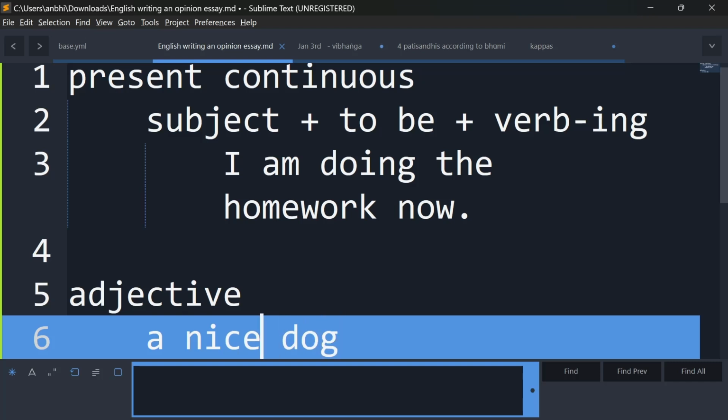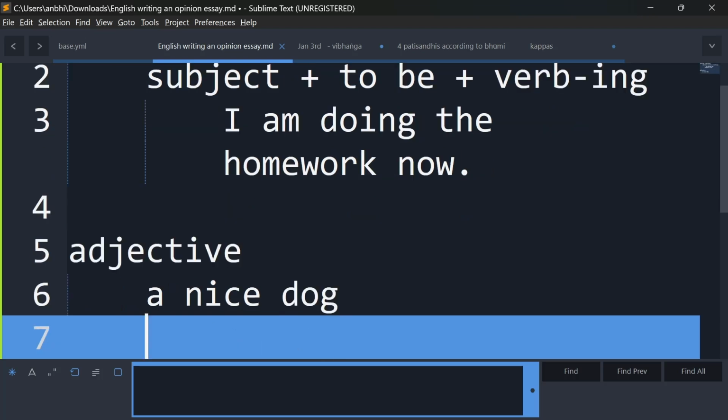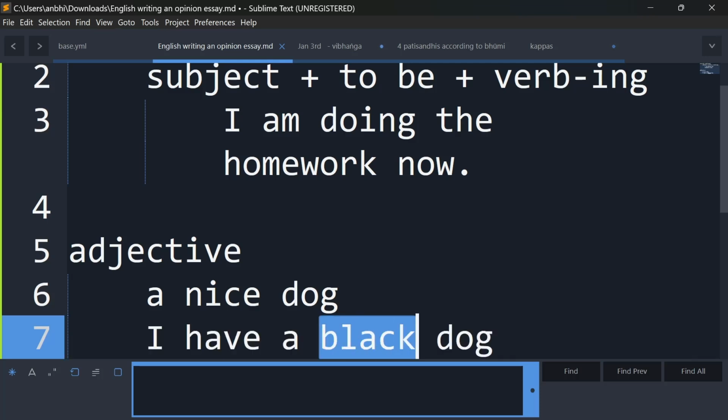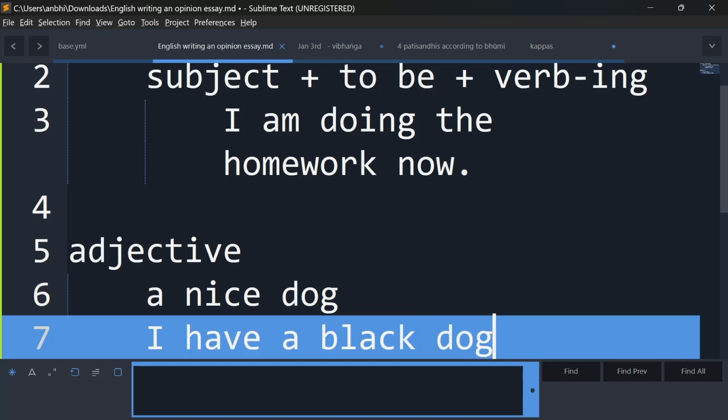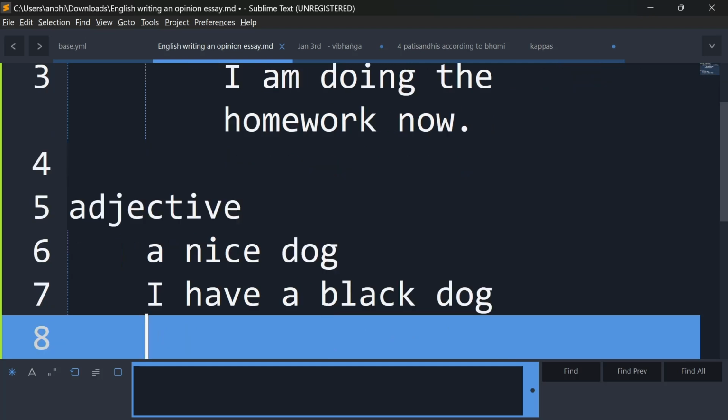For example, a nice dog. I have a black dog. So this is the adjective, it goes before the noun dog. This is very common, but sometimes the adjective goes after the noun.